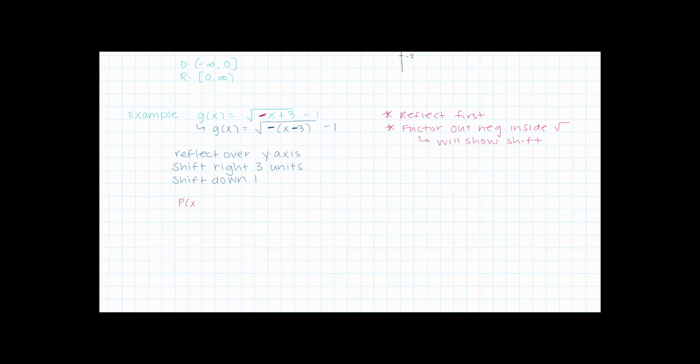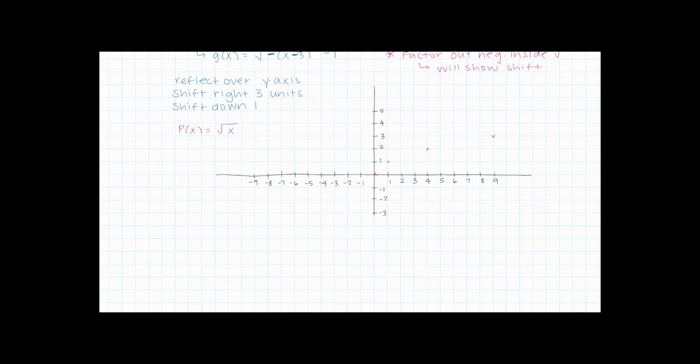So again, we know our parent function is the square root of x. Take a second and graph that. Okay, so we have our parent function graphed here. Now I'm going to first reflect over the y-axis. I'll do that in purple. All of these points here on the right are now going to reflect, and they're going to go over here onto the left.